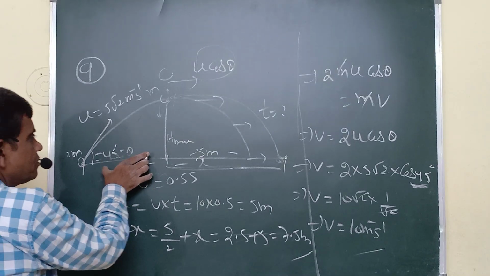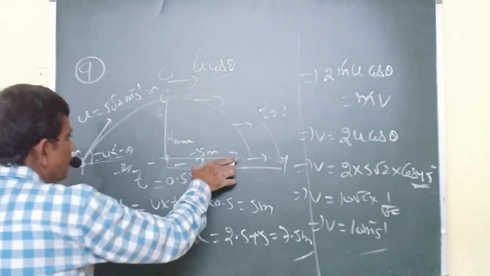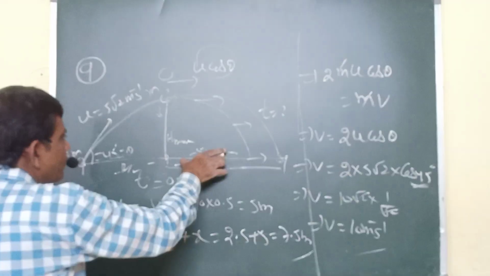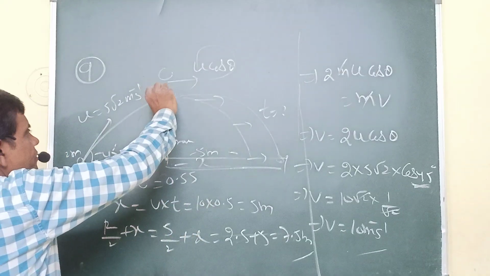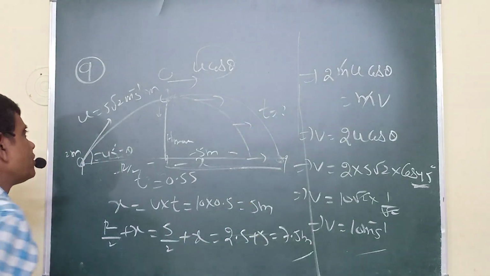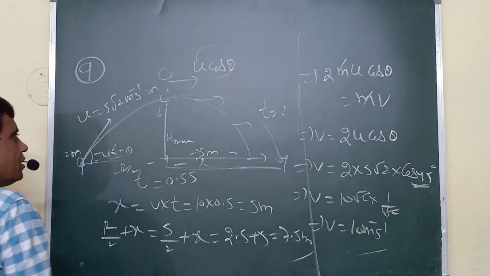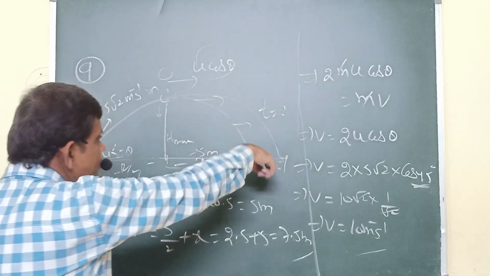This is T by 2, this is T by 2, this is R by 2, this is R by 2. This is the maximum height, and this is 0.5 seconds, this is 0.5 seconds, for the general condition. But here, after the explosion, some change happens. Up to the explosion it is R by 2 only, T by 2 only. Here T by 2 is the same. But the displacement is changing.